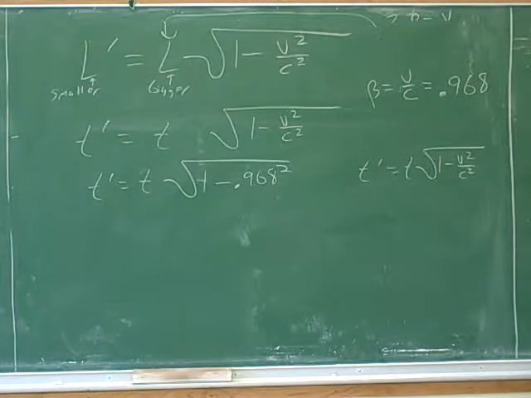I'll go back and type that again, sorry. 0.968 squared, right. 1 minus. It looked like you were doing it right before, but that wasn't the right answer. I don't know what went wrong. I want to practice that and iron out that bug. Okay, so that's basically 0.25.